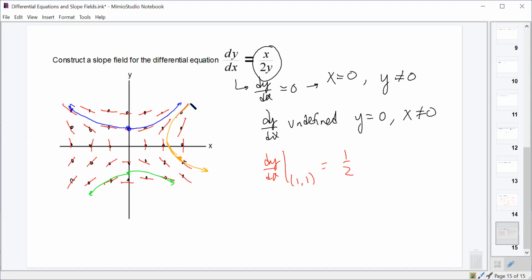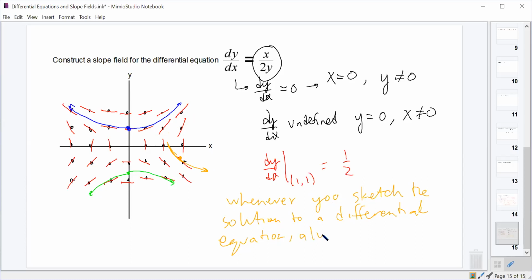And you'll note that I didn't curve it around because there's a rule that says that whenever you sketch the solution to a differential equation, always make it a function. And that's just a math rule that we've got. So if I continued it up, it would no longer be a function because it wouldn't pass the vertical line test. Does that make sense? Yeah. All right, cool.